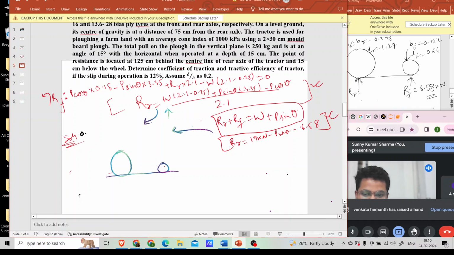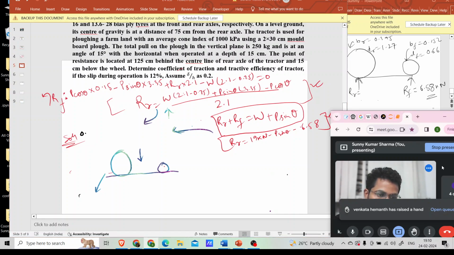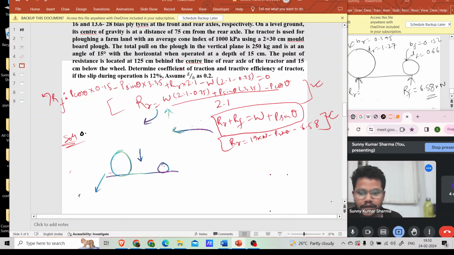The tire designation was given and the weight coming on the tractor was given. A pull of 250 kg was applied on this tractor, and we need to calculate the rolling resistance, the coefficient of traction of the tires, and the tractive efficiency.